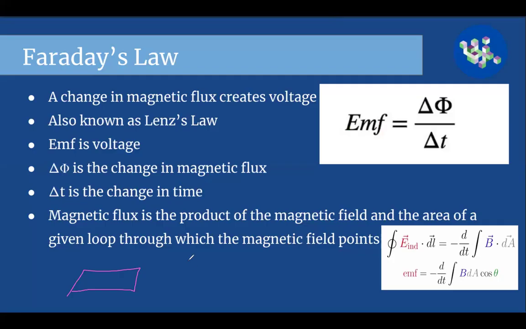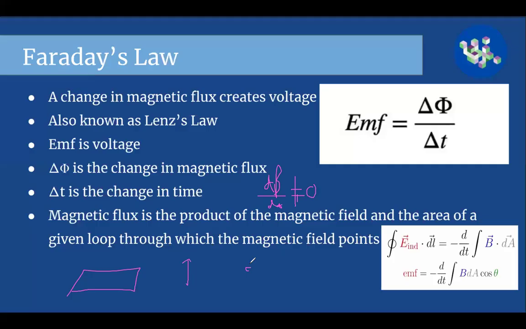Now, imagine if I increase the magnetic field over time, so dB over dt is not equal to zero. So the magnetic field is changing, and say I fix the area of the current loop.